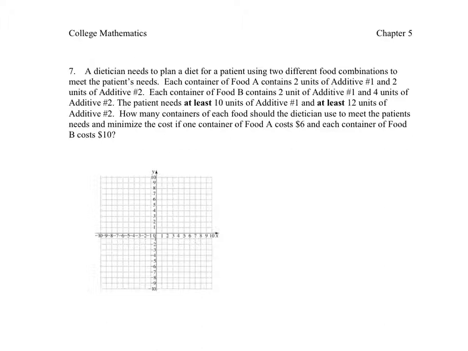After we determine what those corner points are, it's asking us how many containers of each food should the dietitian use to meet the patient's needs and minimize the cost if this is how much food A costs and this is how much food B costs. So let's go back to what we did before.